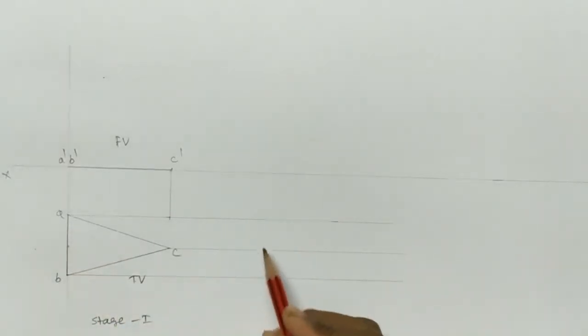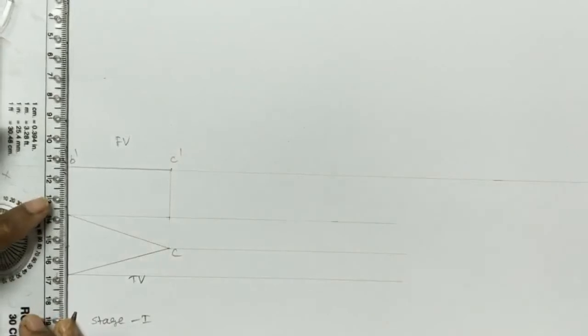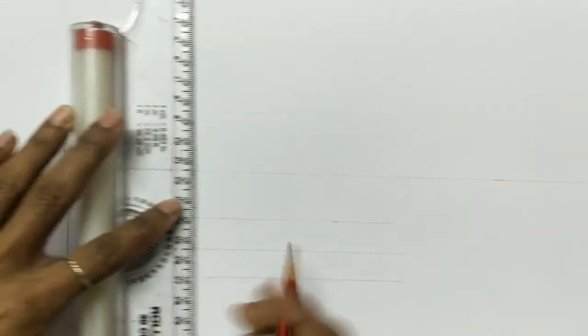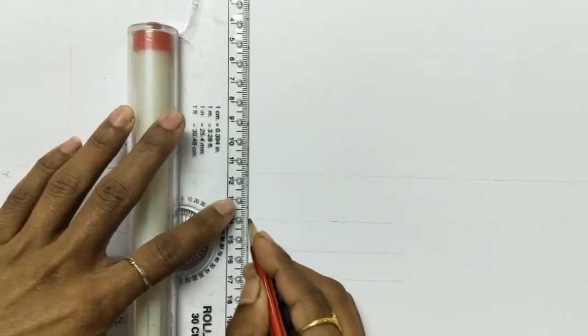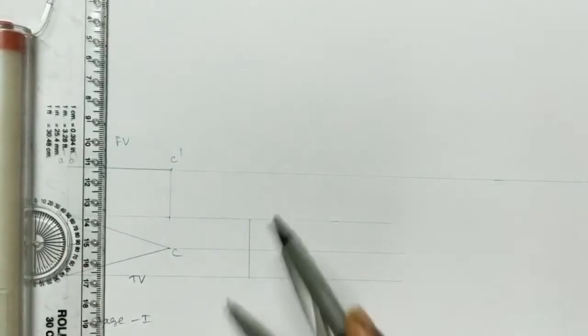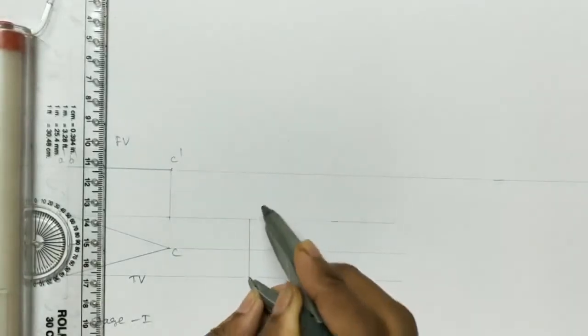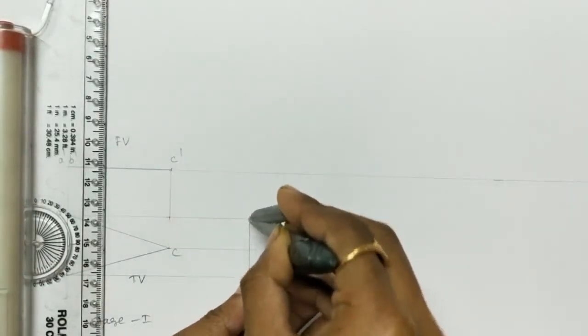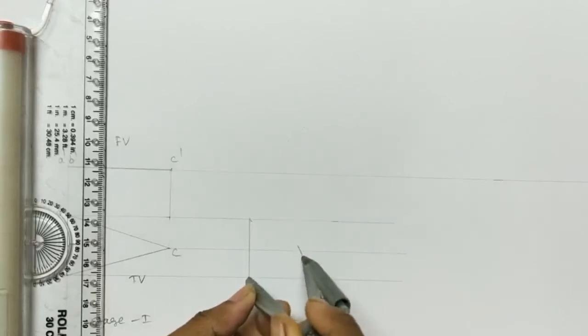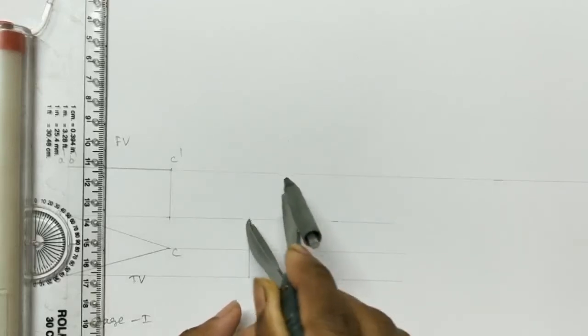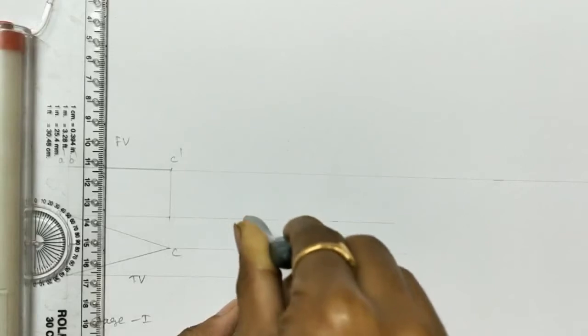So the equilateral triangle will have sides of 30 mm. So draw a 30 mm line, then measure 30 distance in the compass and draw an arc.